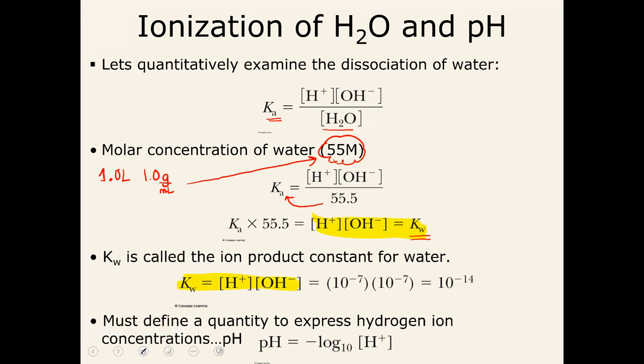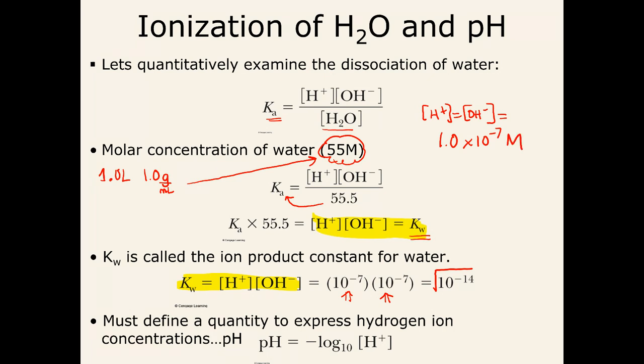Now if we know that value at standard value of 1.0 times 10 to the negative 14, then if I take the square root of this number, I know what the concentrations are of H plus and hydronium, I'm sorry, and hydroxide. Those are equal, and they equal 1.0 times 10 to the negative 7 molar.